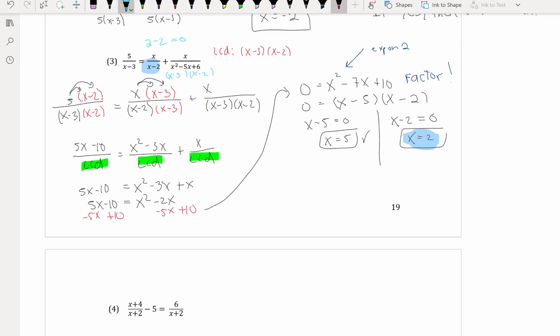I cannot have division by 0. So I actually throw that answer out. So the only possible answer is x is equal to 5. I had 2 possible answers, but the only answer that works is x is equal to 5, because that 2 gives me division by 0, and dividing anything by 0 is undefined.